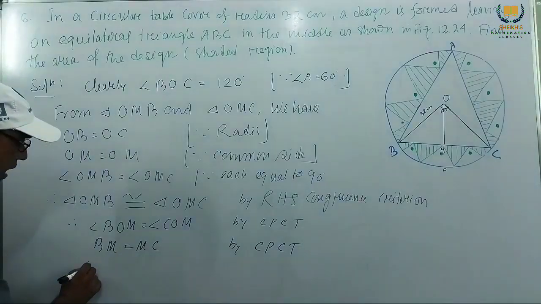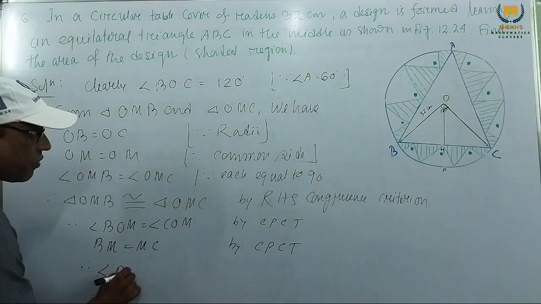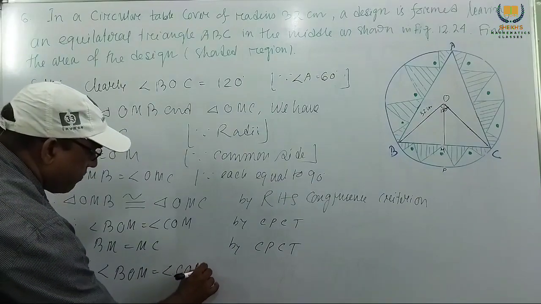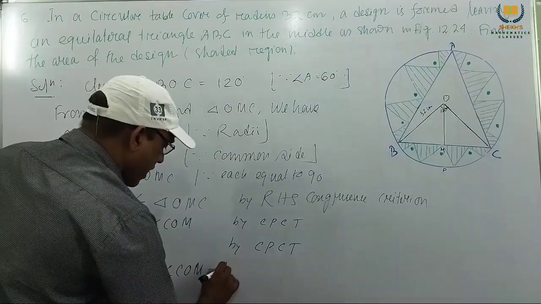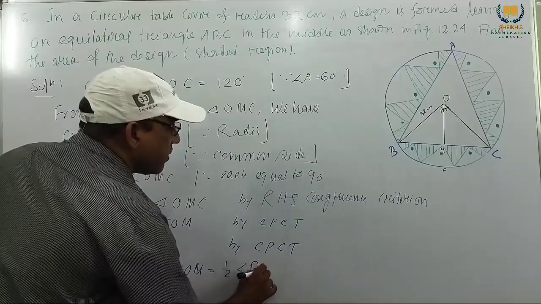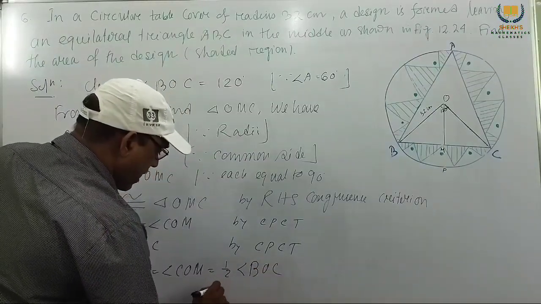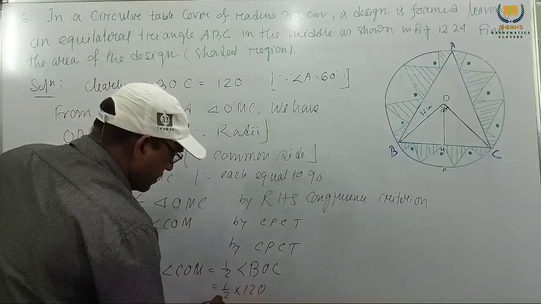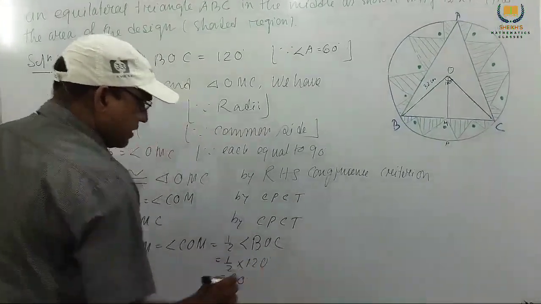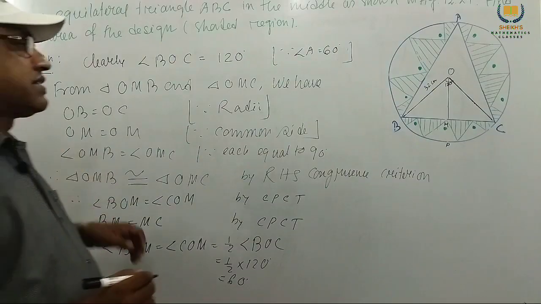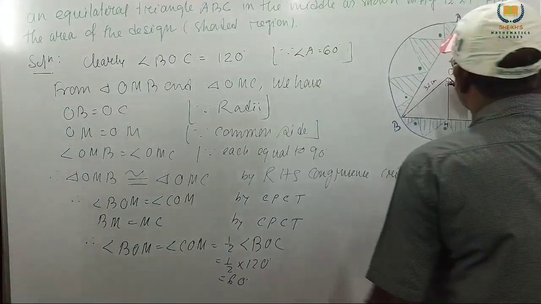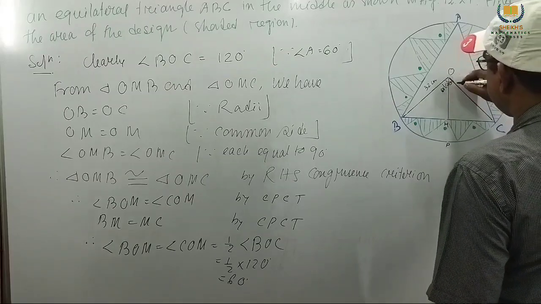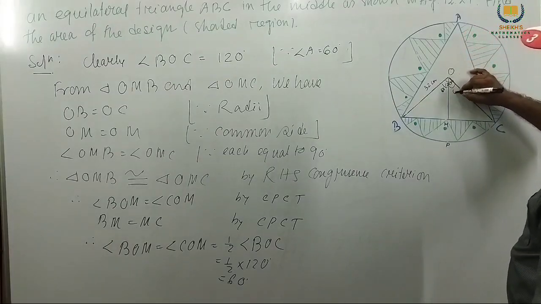Therefore angle BOM equals angle COM equals half of angle BOC, and half of 120 is obviously 60 degrees. So this angle is 60 degrees, this is 60, and this one also 60 degrees.